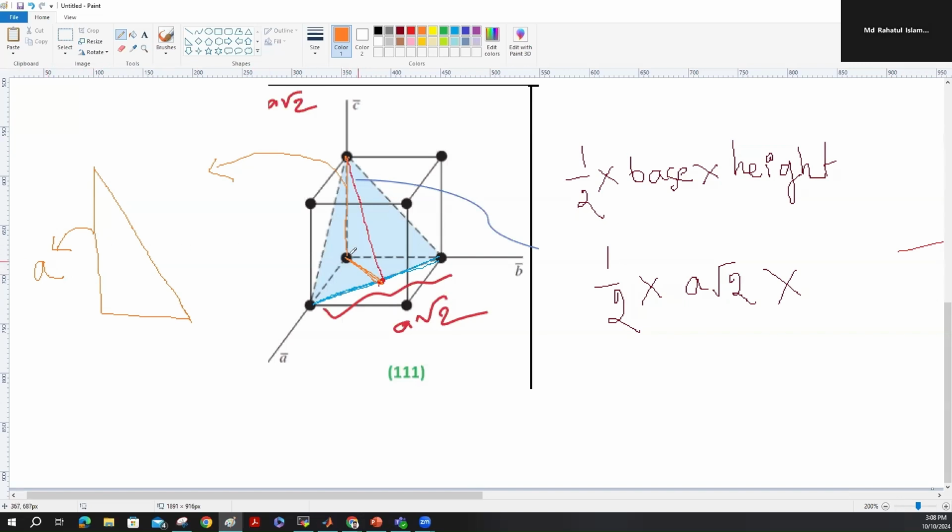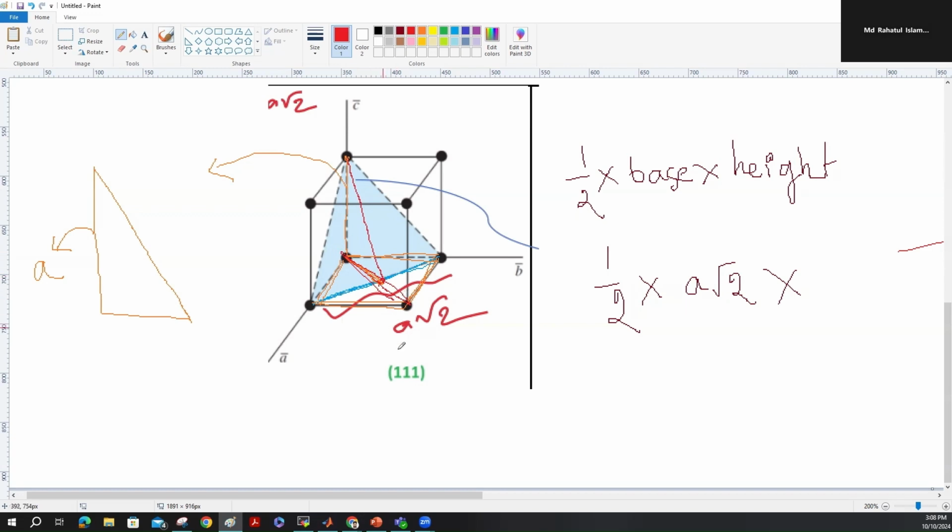And what is this? Half of the diagonal of this square, actually. The base square. Look at the square which is in the base. As you can see, this is one diagonal of this base, and we need to calculate the length of this half diagonal.